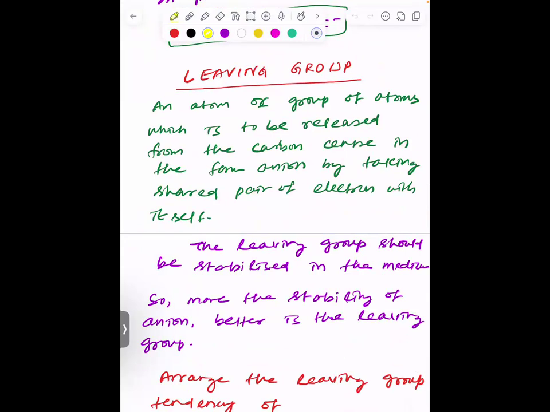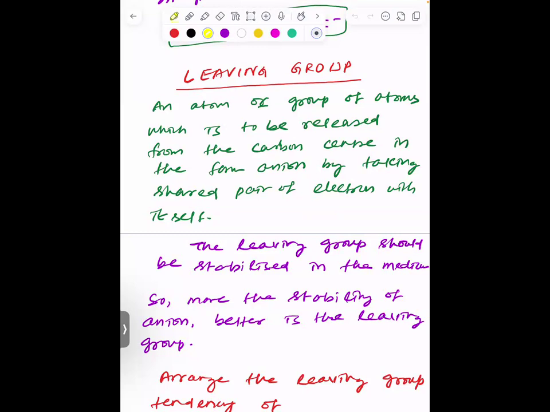In the form of anion, by taking the shared pair of electrons, after getting released from the carbon center as an anion, it has to be stabilized in the medium. If it cannot stabilize itself in the medium, then it will be reversible and return to the carbon center.